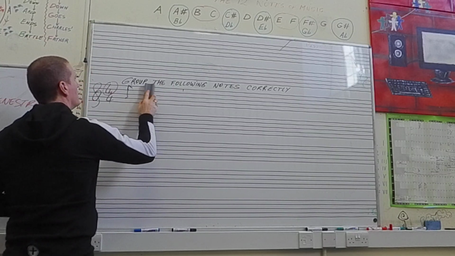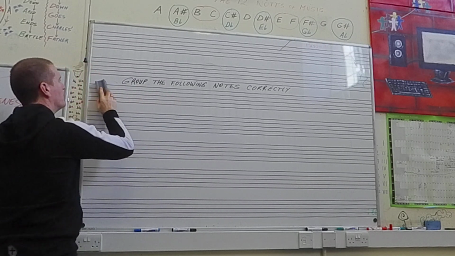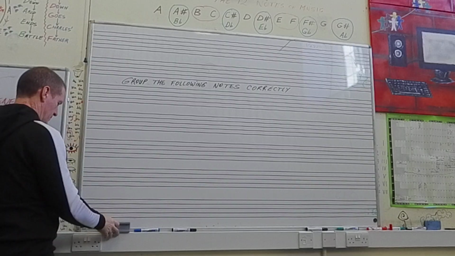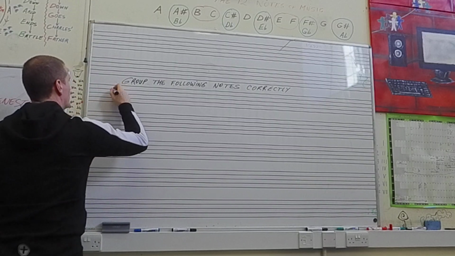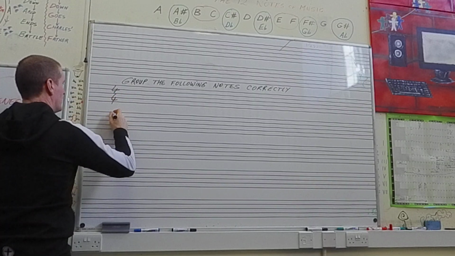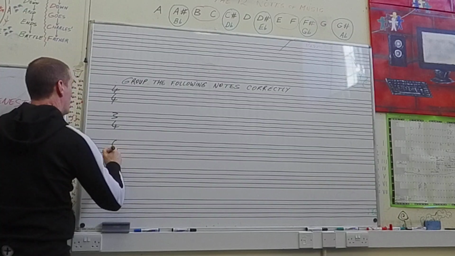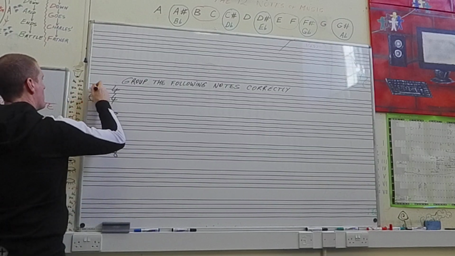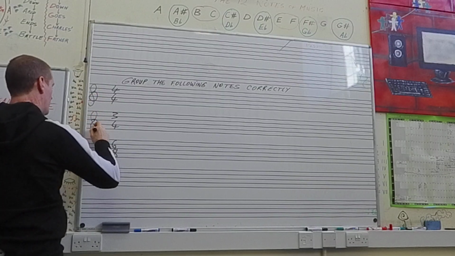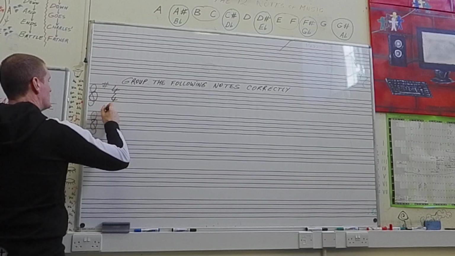So, how would you group notes correctly using different time signatures? The most common time signatures you will experience in this course certainly are 4/4 time, 3/4 time, 6/8 time. There's your treble clef, key signature.